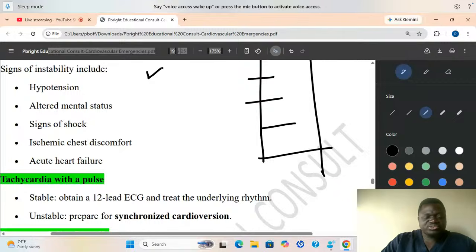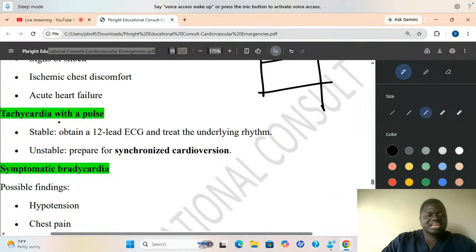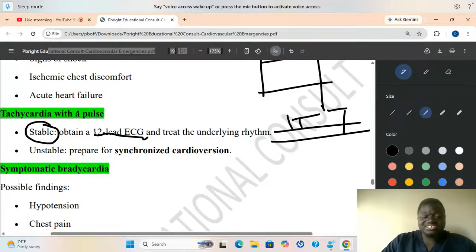Every system, respiratory system, GI, you should know signs and symptoms of instability. Patient has tachycardia with a pulse. If the patient is stable, obtain your 12-lead EKG and treat any underlying cause, the H's and T's. You treat it, sinus tachycardia, patient is stable. If patient is unstable, some people will even what?